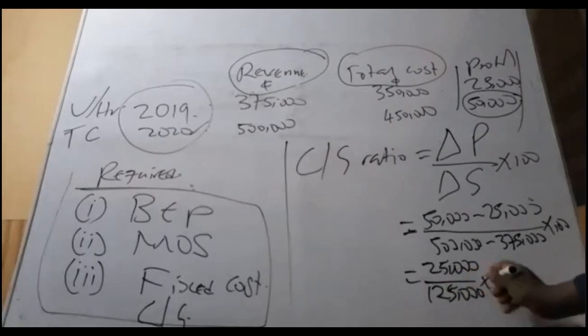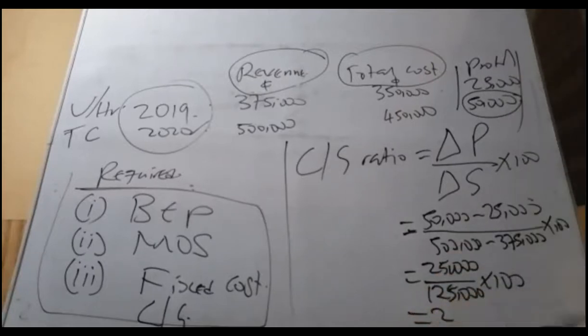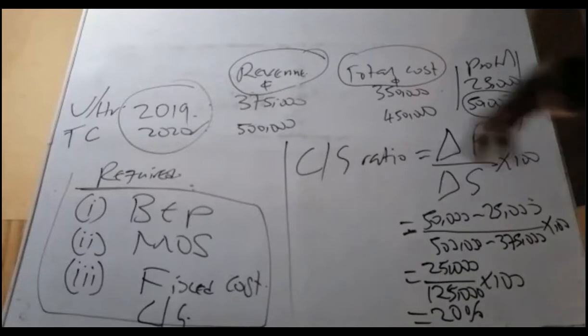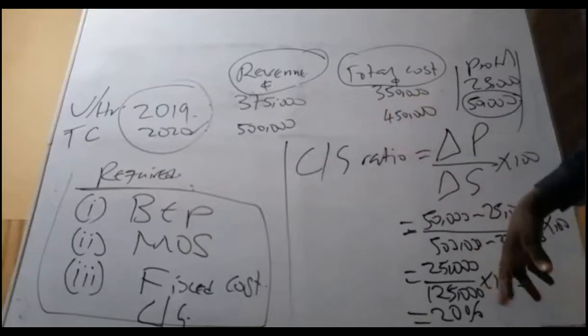This answer times 100. What do you get? You have to get 20%. So first figure confirmed. Our CS ratio from the old question was what? 20%. It was the same question that we produced these figures together to confirm this.